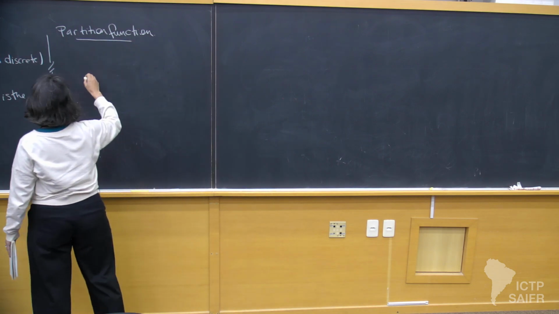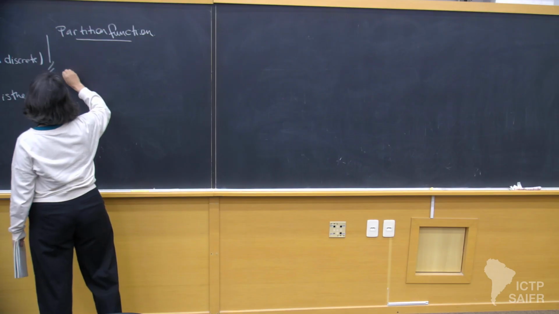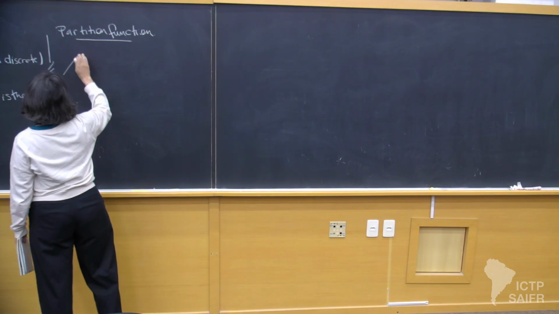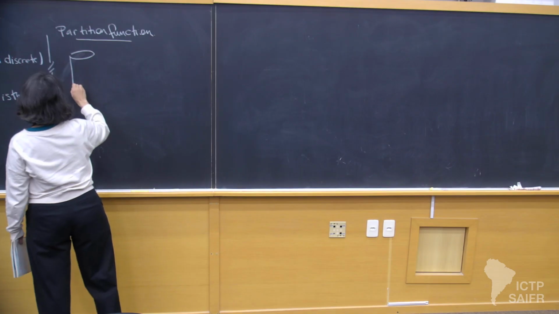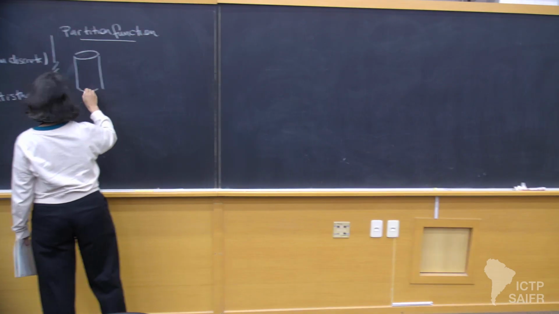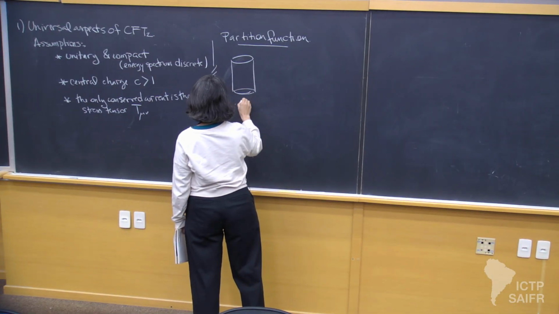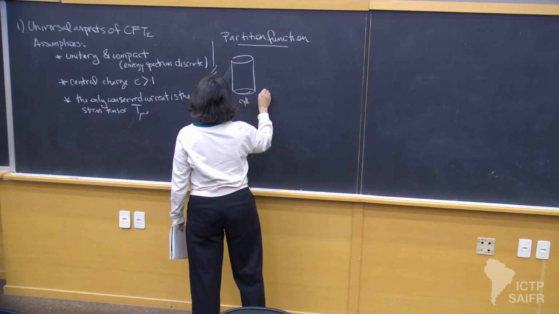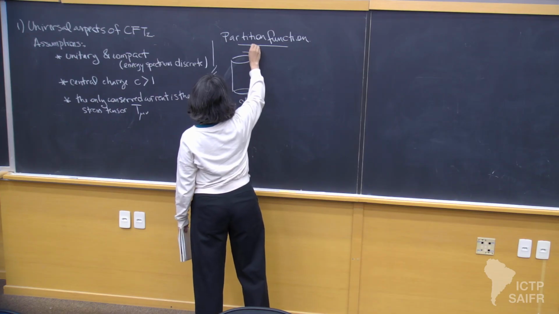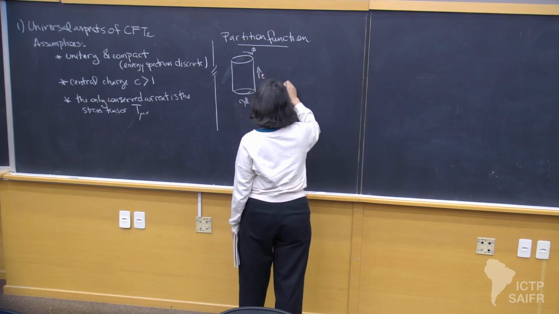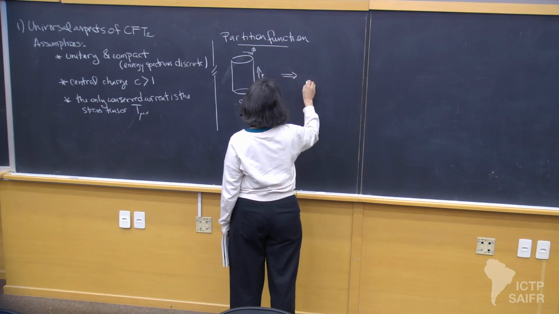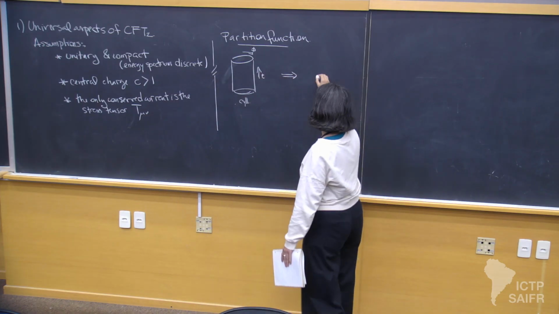The setup that I have in mind is that you have a conformal field theory living on a cylinder. Here there's some angle, and there's some time. And we're going to go to Euclidean signature, so we're going to put this on a torus.